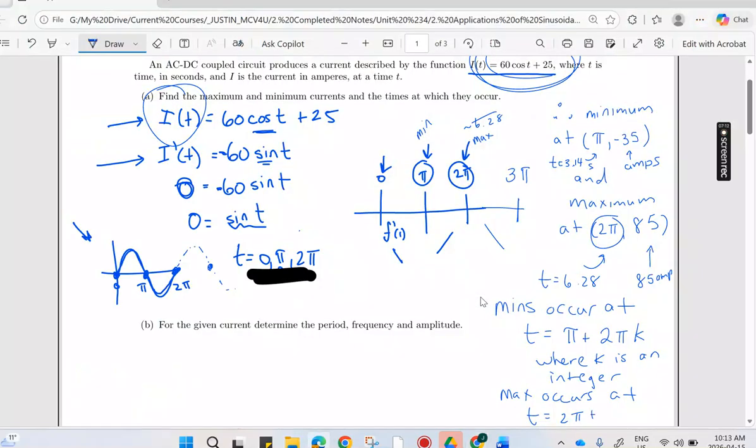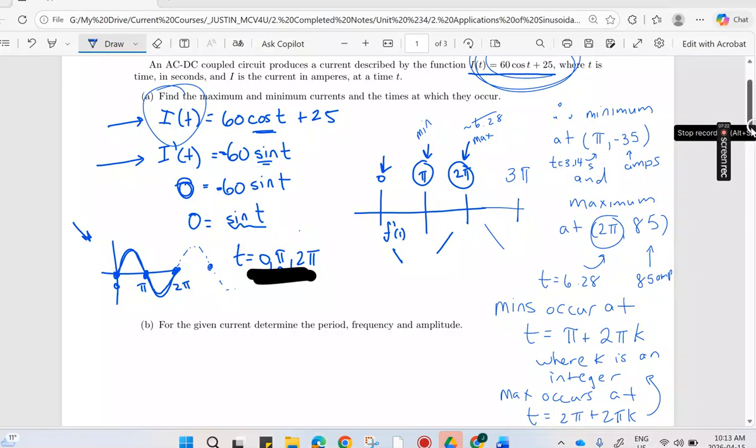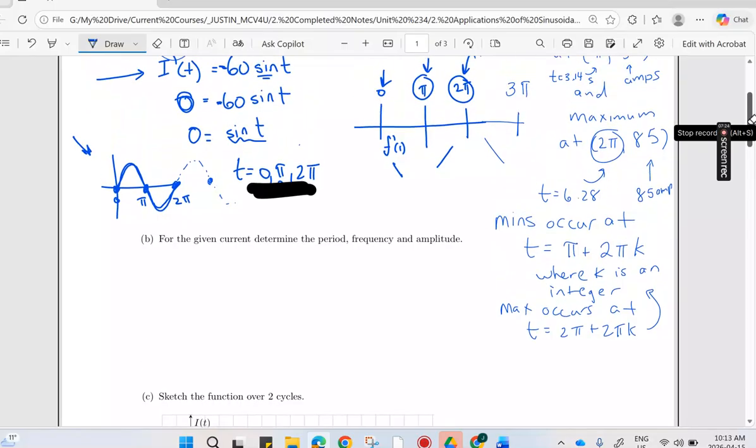So it's 2 pi plus 2 pi k, where again k is any integer. Now, if you think back to advanced functions for a second, it says for the given current, determine the period, frequency, and amplitude. We kind of already did that, but I'm just going to rewrite it down here.